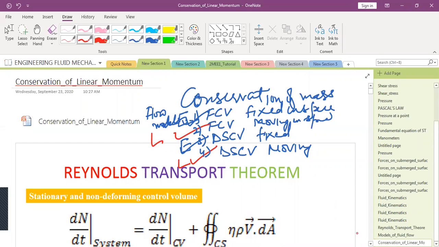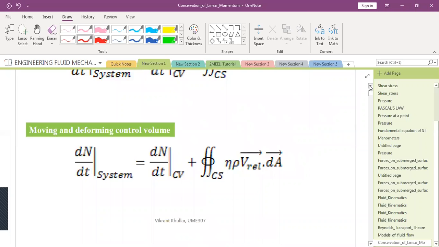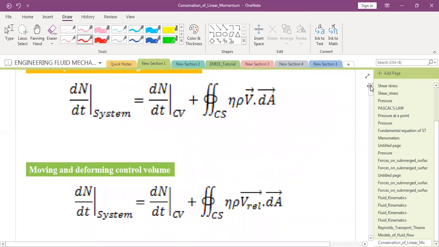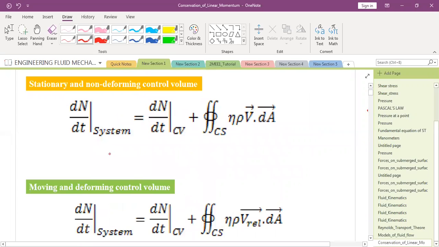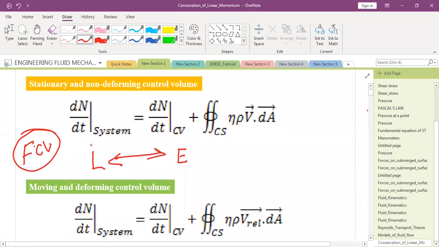And we have actually derived this expression, the Reynolds transport theorem, which was a connection between the Lagrangian and Eulerian approach for a finite size control volume, going from Lagrangian to Eulerian or back. These were the two formats of the same equation.